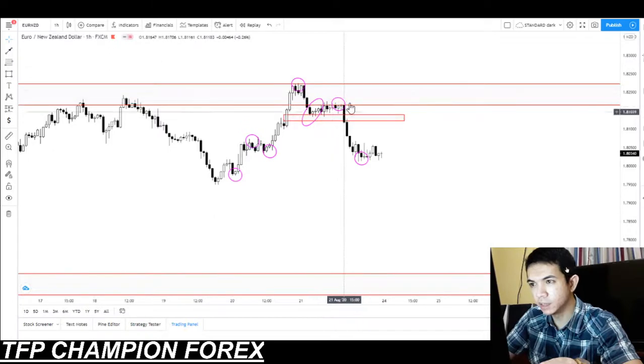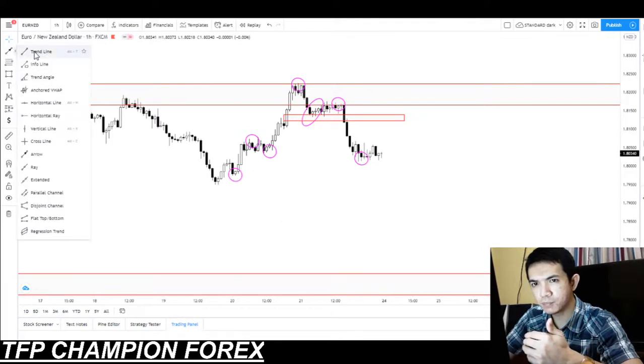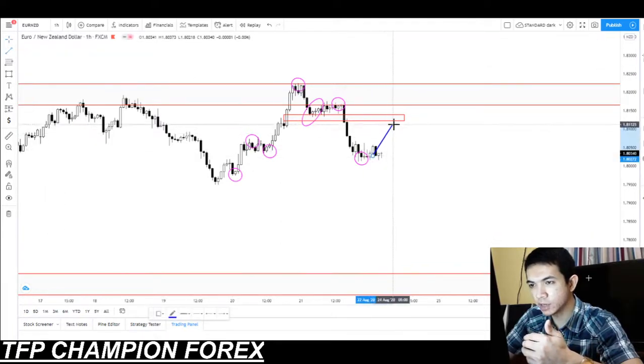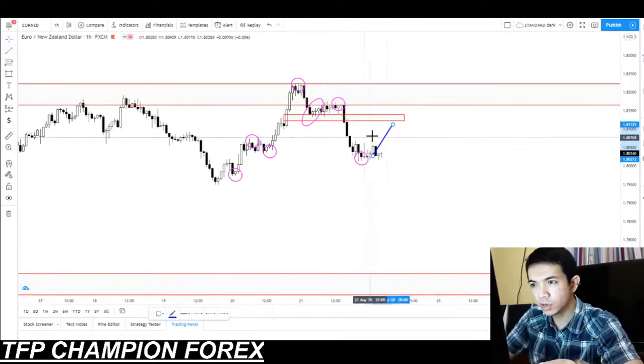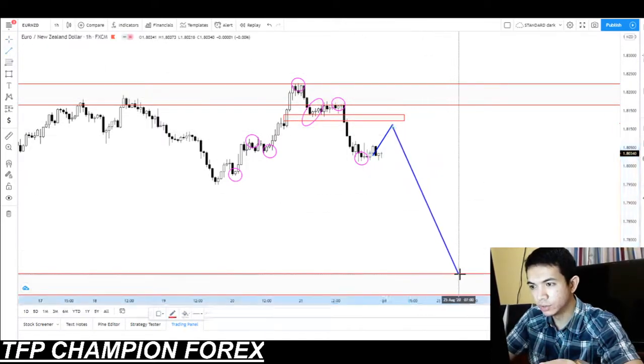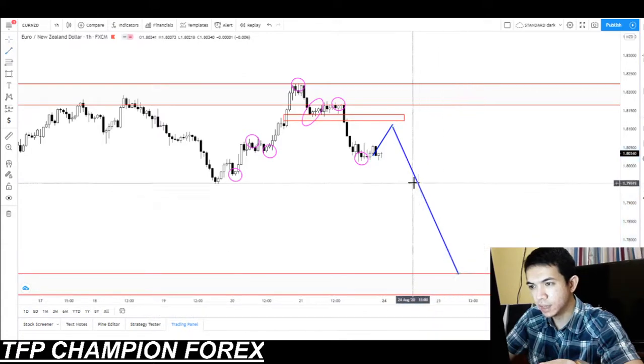Definitely it formed a lower high and then broke this low, forming a lower low, lower than this low. Then we expect the price to move up for a correction, forming another lower high, lower than this previous high, before it goes down to this level.